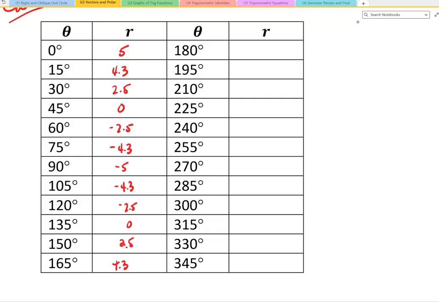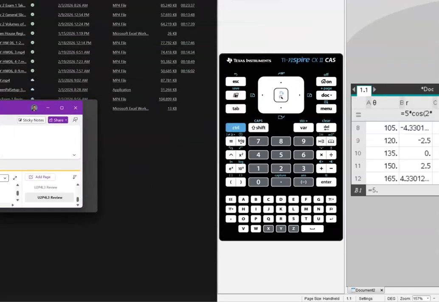The numbers themselves are repeating, and we're seeing some sign changes. So I wonder if going from 2.5 up to 4.3 would then give me a 5 here. And then maybe at 195, do we drop back down to 4.3? And then does this go to 2.5 and then 0 and negative 2.5 and so on? So that's kind of my guess right now.